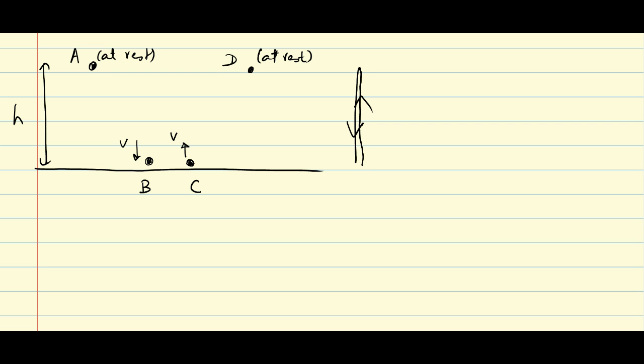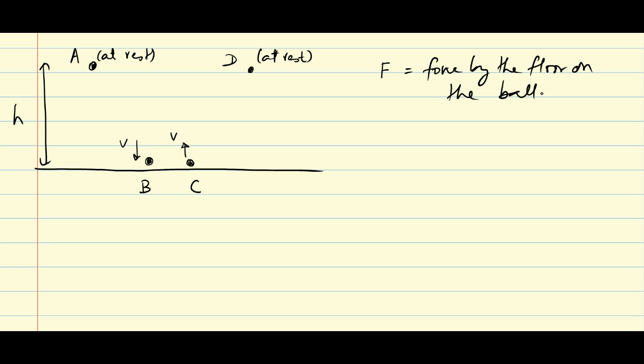original position. So since there is a weighted average involved, I'm assuming that we want to find the time weighted average. So I'm going to draw a graph. Let F be the force exerted by the floor on the ball, and in the upward direction, of course.